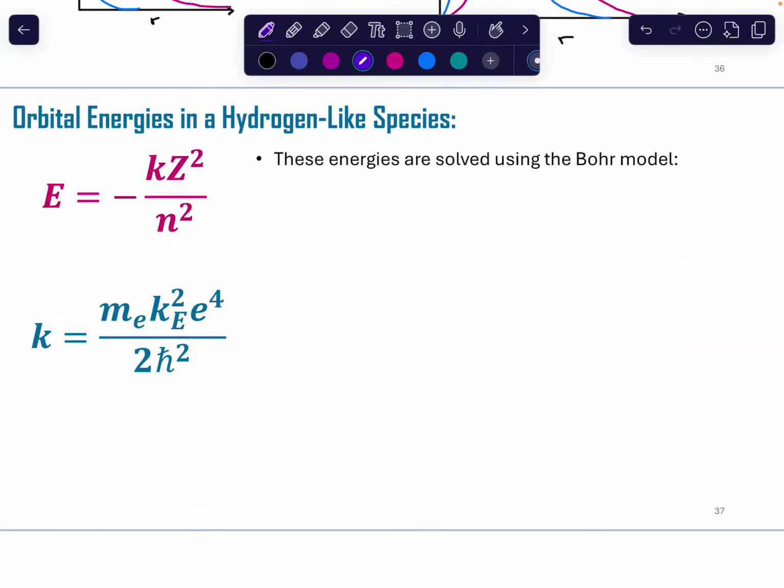Okay, orbital energies of a hydrogen-like species. Now, the equation the book gives you is negative k Z squared over n squared. Now, I'm not crazy that they're using k there because I want you to pay attention. We have a k and then we have a k sub e. Okay, so that k is just a constant. The k sub e, that's going to be your Coulombic constant, the 1 over 4 pi epsilon 0.